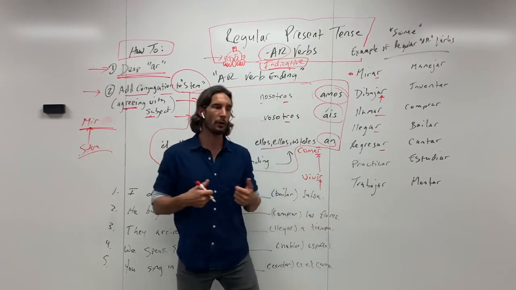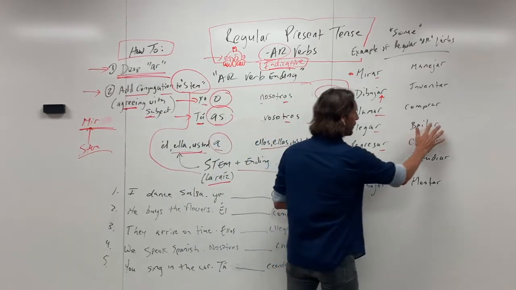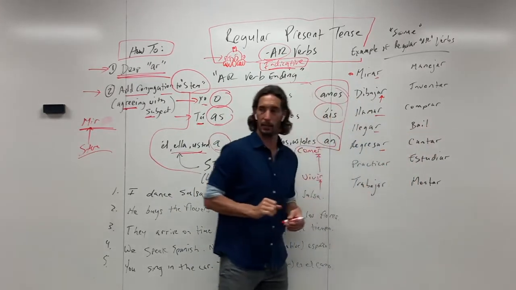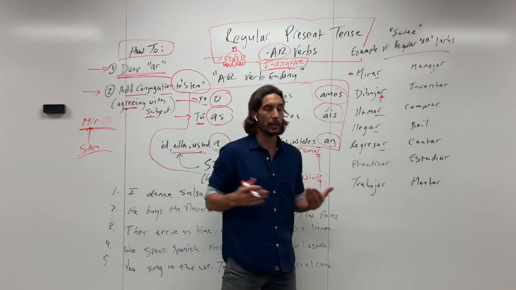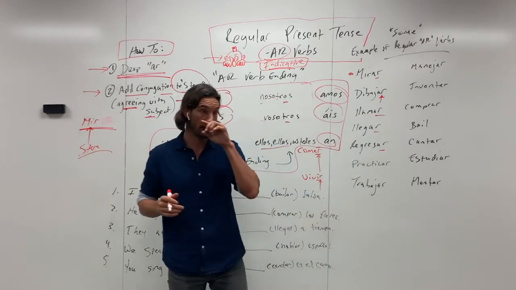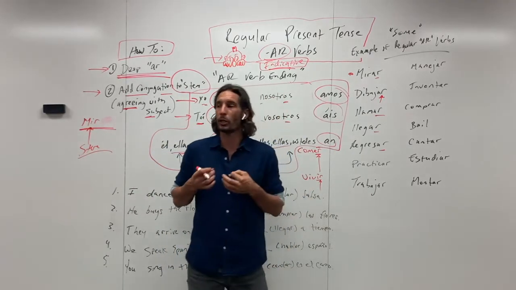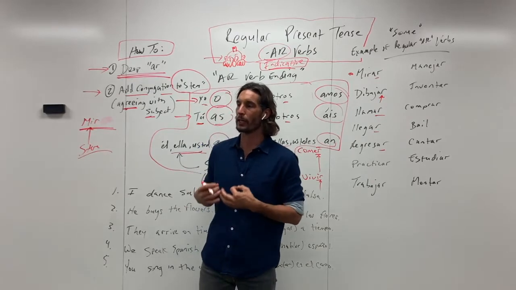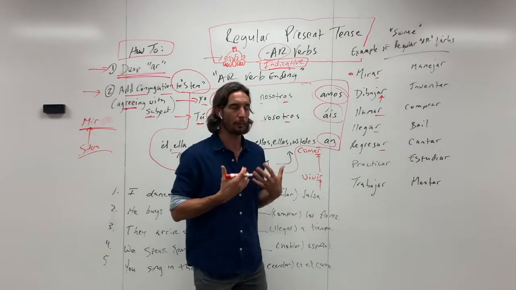In other words, you might not know that bailar means to dance, which it does in the infinitive form, but you could conjugate it for every single conjugation because you know the mechanics.